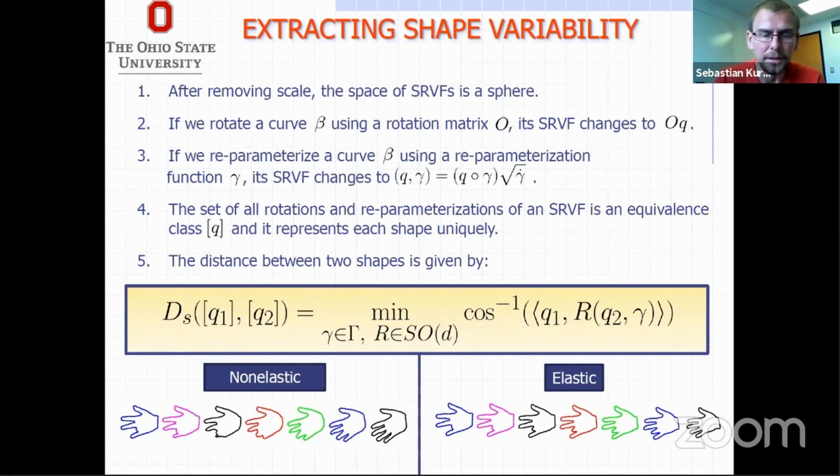And so the method for constructing these displays will be distance-based. So the shape distance that we define that's given here is a distance between equivalence classes where we minimize over reparameterizations and rotations. And then this is just the distance between two SRVFs on the unit sphere.